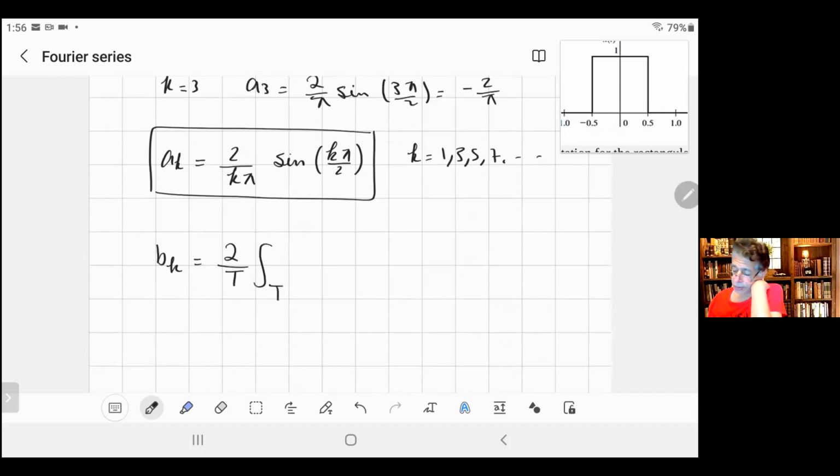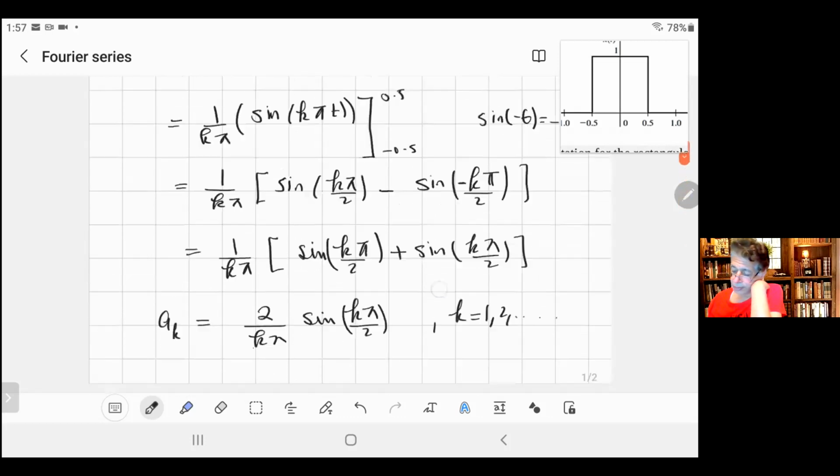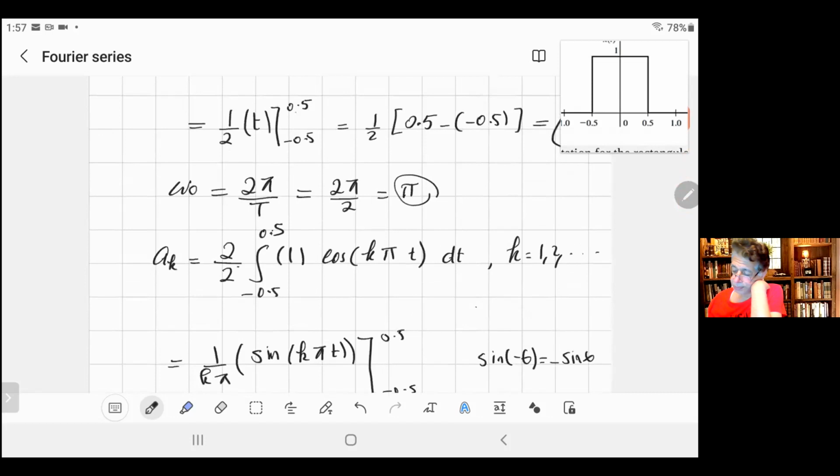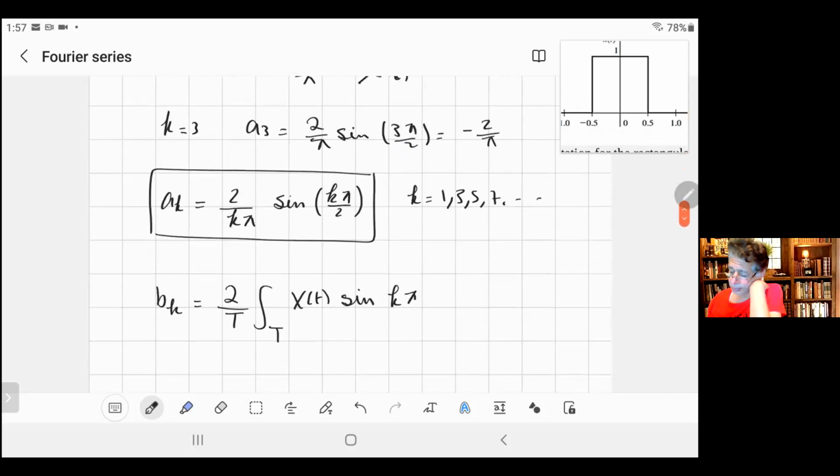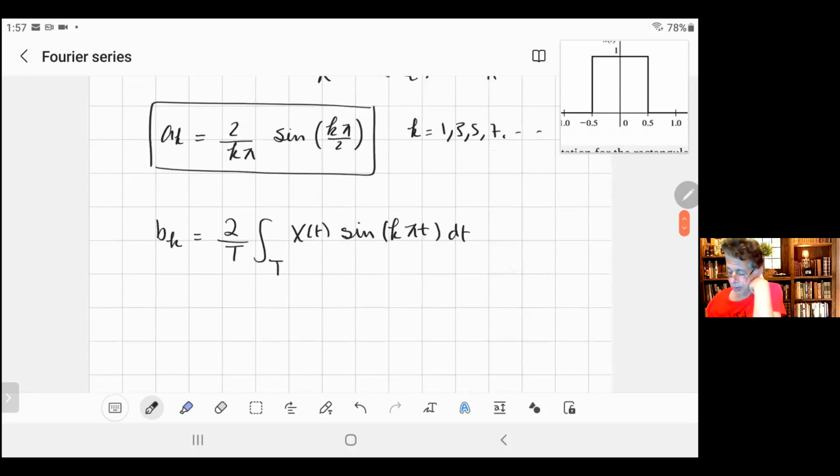The integration over the period T of x(t) and sine k pi t dt. The same, just make it sine. Again, the period is from minus 0.5 to 0.5, and T is equal to 2, and x(t) is equal to 1.